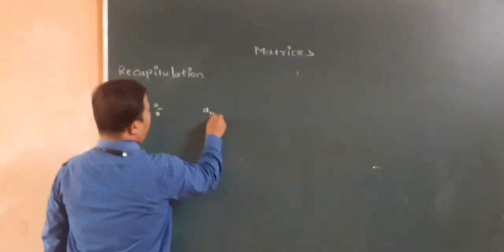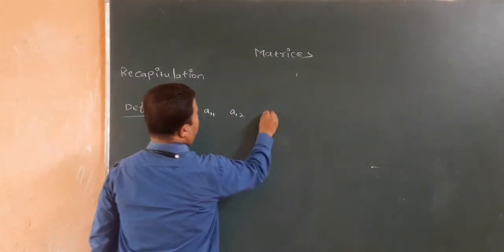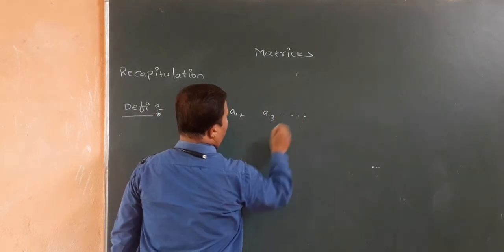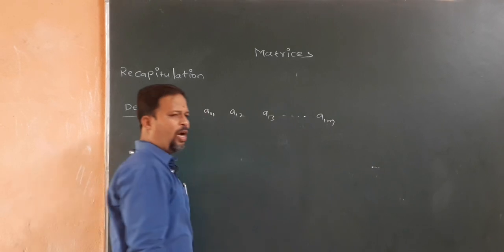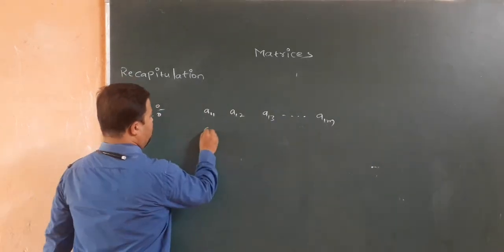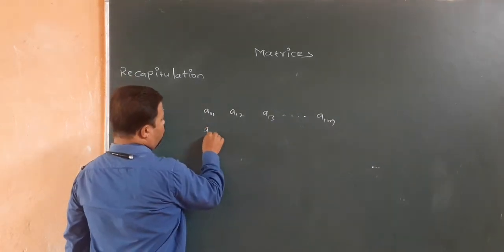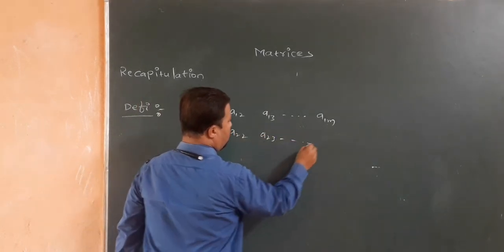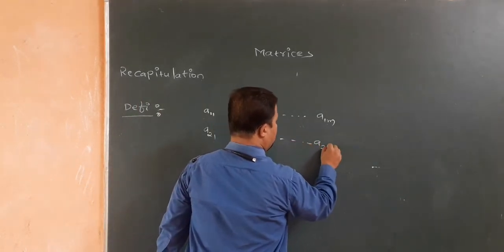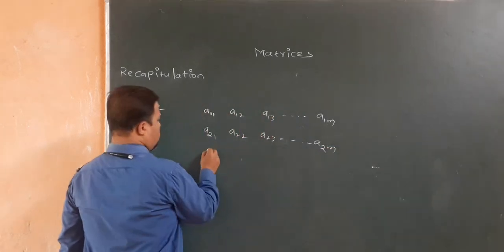So A11, A12, A13, up to A1m. Similarly, A21, A22, A23, up to A2m.